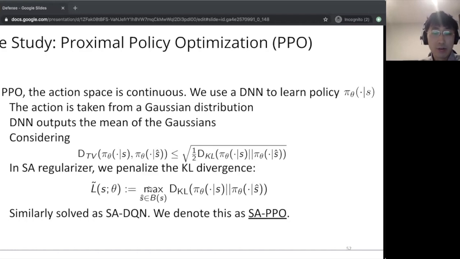Here, the regularizer, instead of penalizing the DTV distance, penalizes the KL divergence for simplicity. This regularizer can be solved similarly to SA-DQN, and we call it SA-PPO.